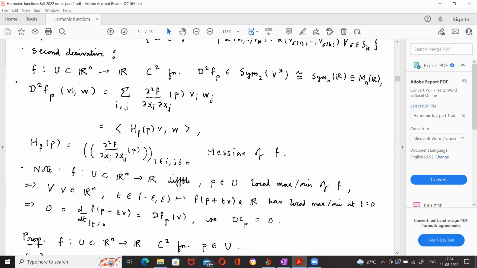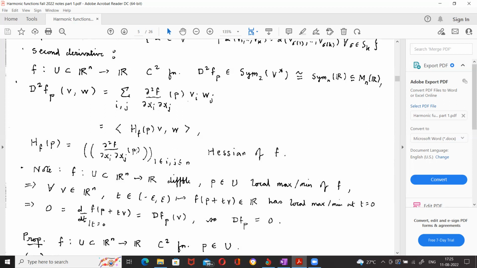And how do we see that? d squared f at P of V comma W will be the sum over i, j of del squared f over del xi del xj at P times Vi Wj. And this I can write as the inner product of a symmetric matrix, Hf at P, times V, with W, where this matrix Hf at P is just what's usually called the Hessian matrix of f, del squared f over del xi del xj at P.